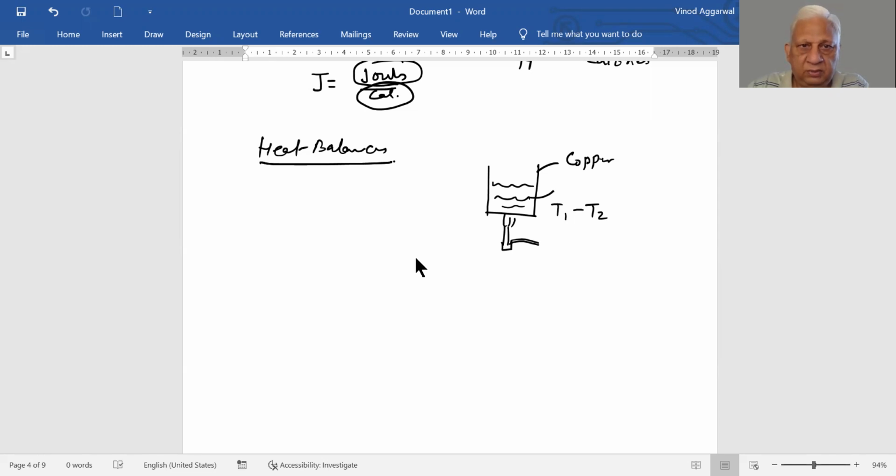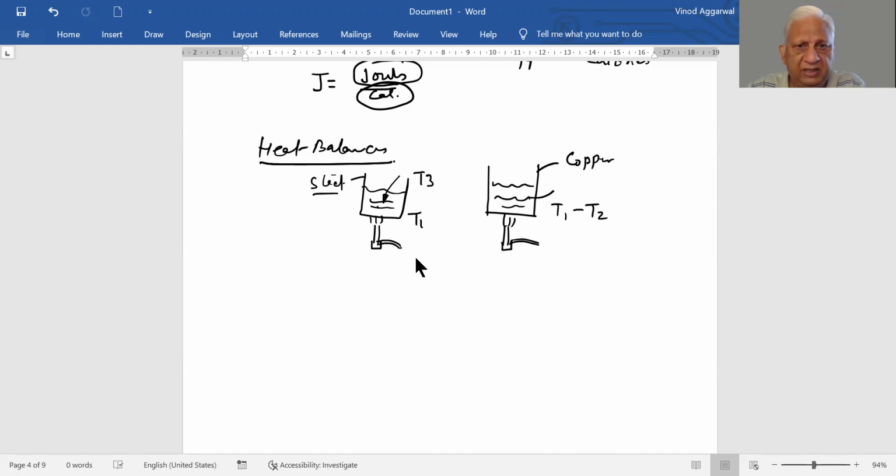If I do the same thing with this, maybe of steel, and again I heat it, the temperature goes from T1 to T3, let us say.